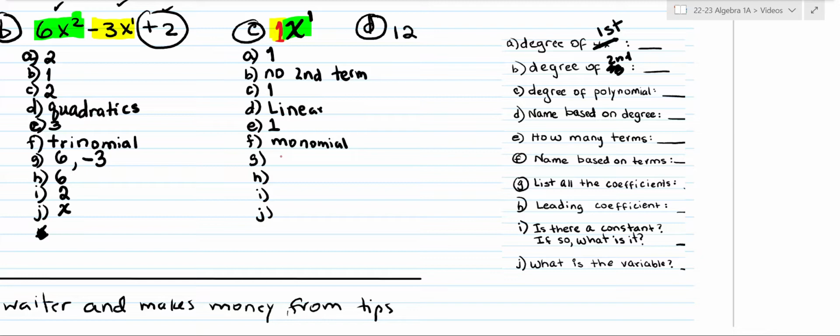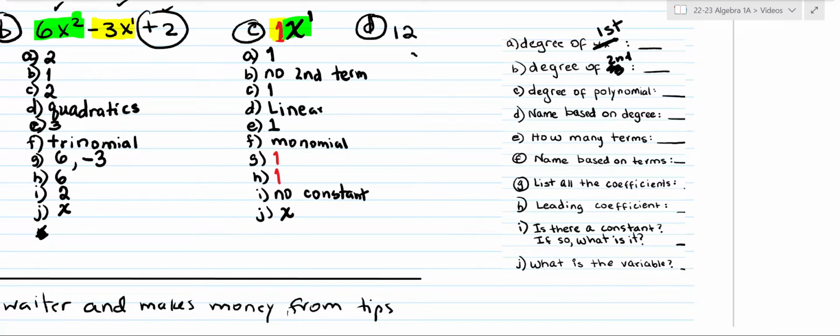So G, the coefficient is the actual number 1. H, leading coefficient. Well, there's only one coefficient in front of a variable, so then it's 1. Is there a constant? No constant. And J, what is the variable? X.